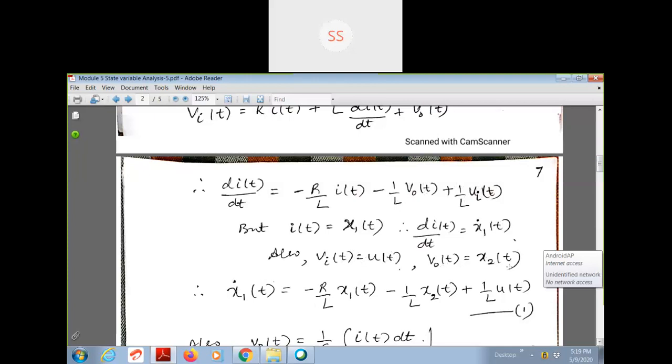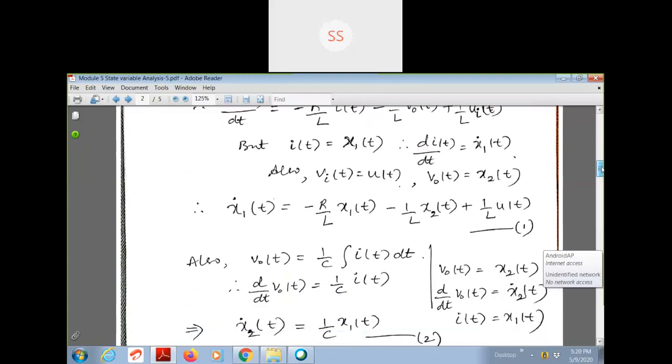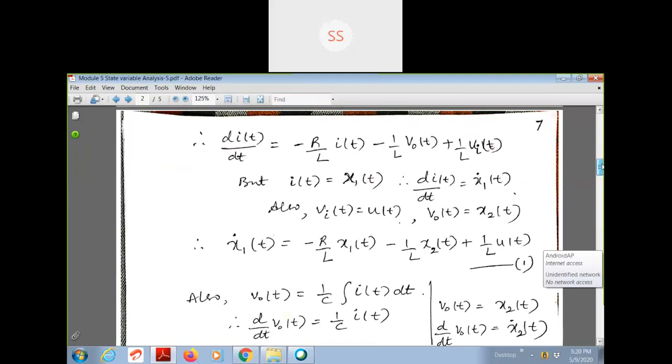Therefore, substituting these terms, the equation becomes x1 dot of t equals minus R by L x1 of t minus 1 by L x2 of t plus 1 by L u of t. We will call this equation 1, the first state equation.